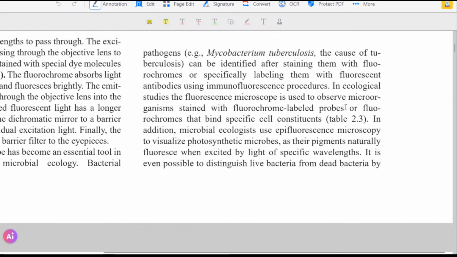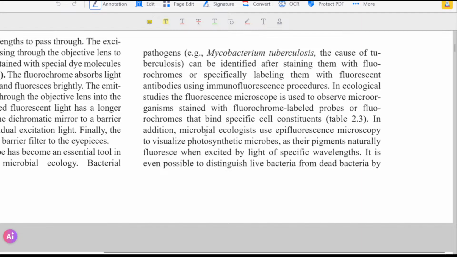You don't have to use the fluorochrome-labeled probes. You don't have to go one step further, but there are some objects, or some cells, that cannot be stained with fluorochromes; staining doesn't work on them. So in that case we use probes like DNA particles to attach to them. Like we indirectly attach the fluorochrome particle to the cells.